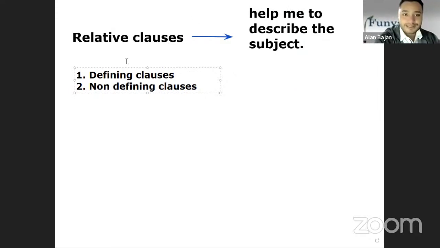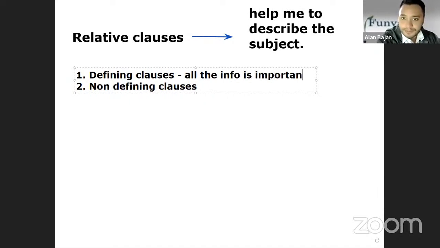Then, let's see some examples. In defining clauses, we say that all the info is important. But in non-defining clauses, we give extra information without being asked to.